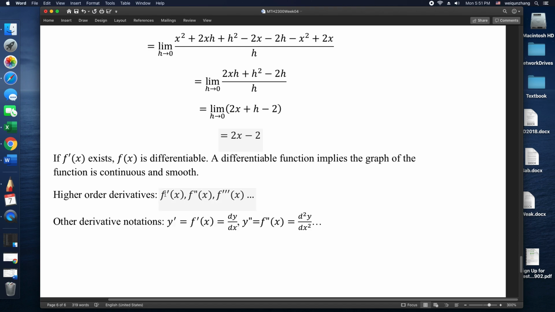F prime of x is the so-called first order derivative. F double prime of x is the second order derivative, or put in words, a derivative of the derivative. Sometimes we may consider the third order derivative, F triple prime of x. It's easy to denote the derivative with primes: single prime, double prime, triple prime.